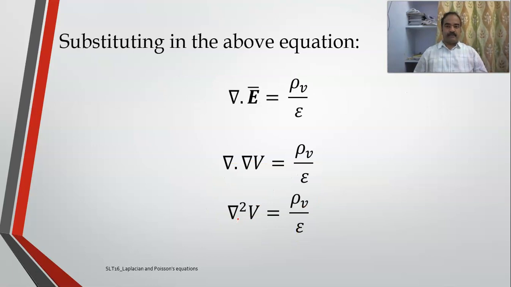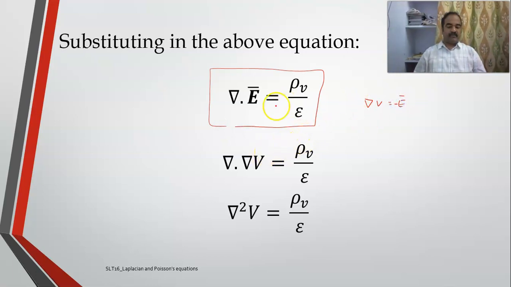So this is my Gauss's law in its differential format, and now I have that the gradient of V is nothing but minus E. So if I employ this equation, instead of E, I'll keep the negative gradient of V. This is what I have placed here.